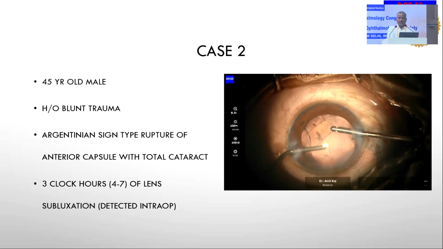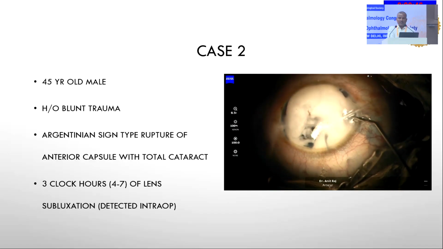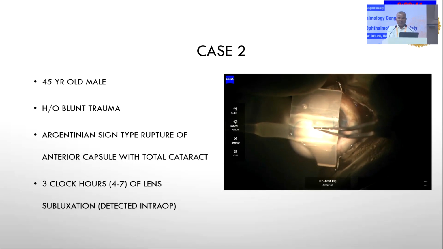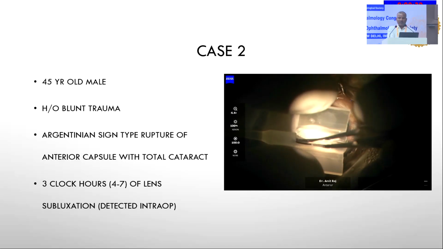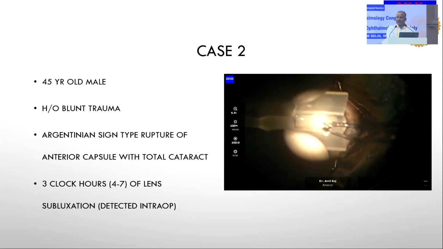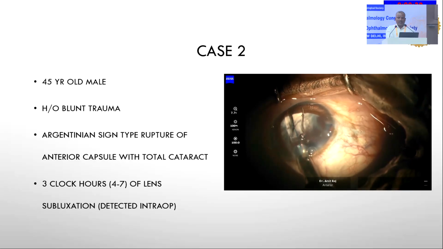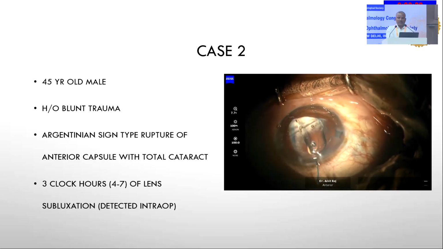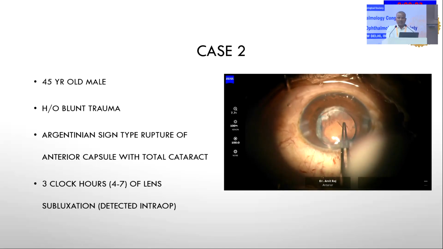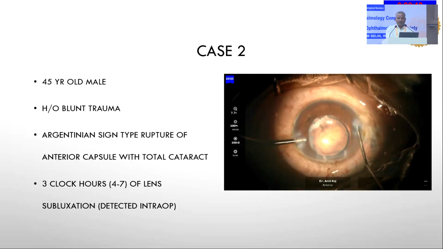It was found that there was 3 clock hours of zonular dehiscence in this region, 4 to 7 o'clock. As there was rupture of the entire capsule, CTR was not implanted, thinking that it can go to the posterior capsule also.